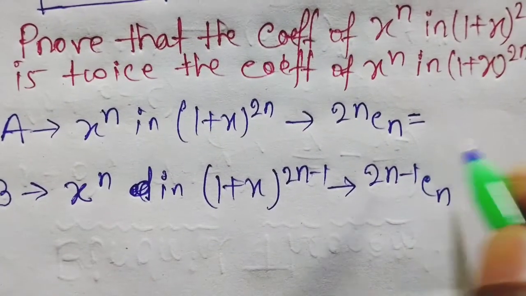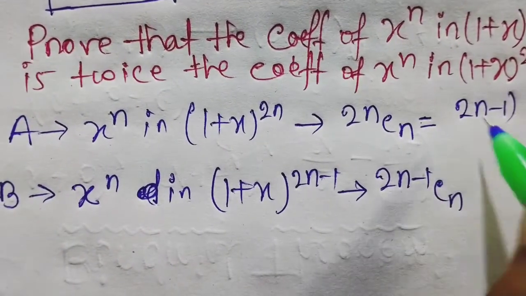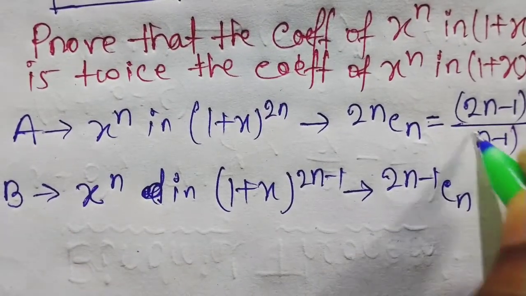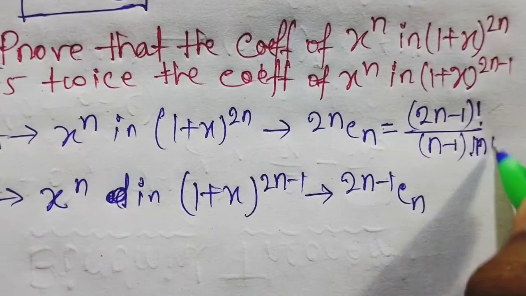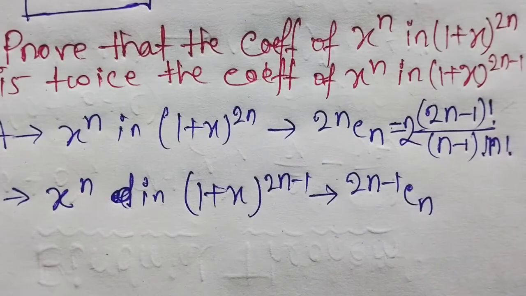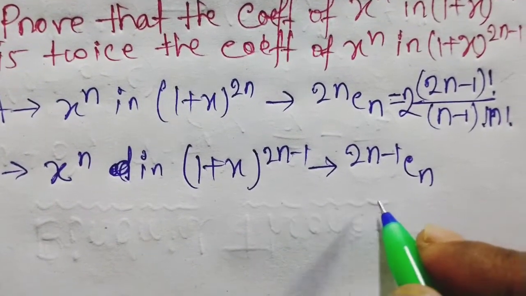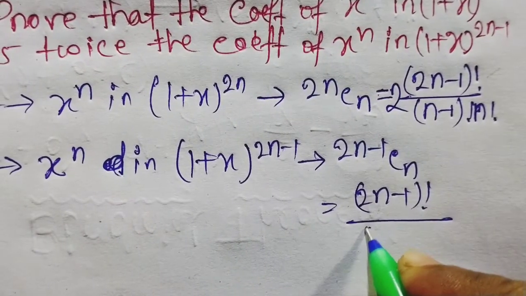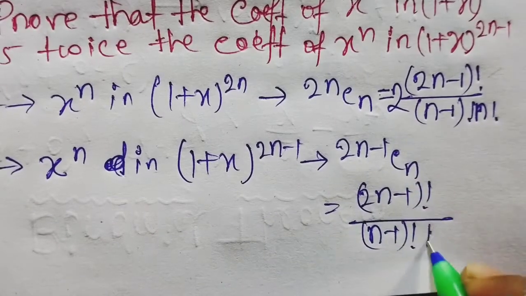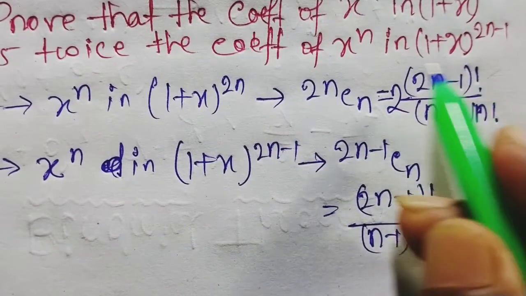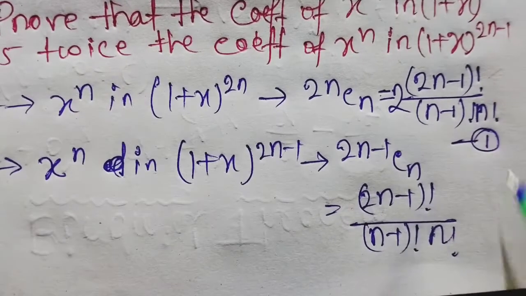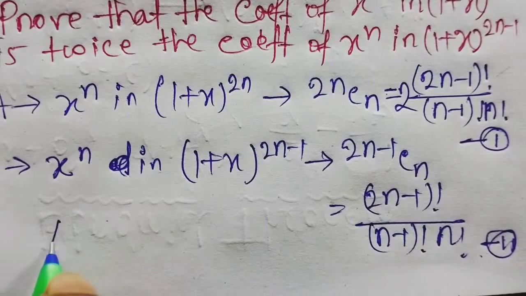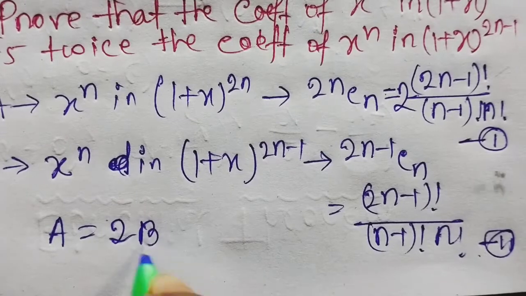Now 2nCn means (2n)! / (n! n!), which we can write as 2 into (2n-1)! / ((n-1)! n!), and (2n-1)Cn is (2n-1)! / ((n-1)! n!). So from 1 and 2 we can easily say that a is equal to 2 into b.